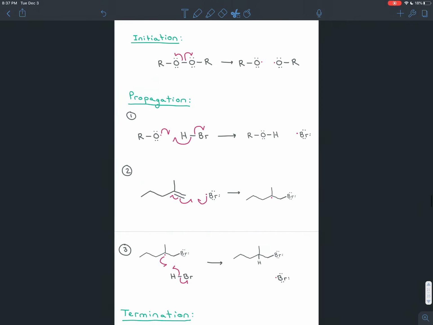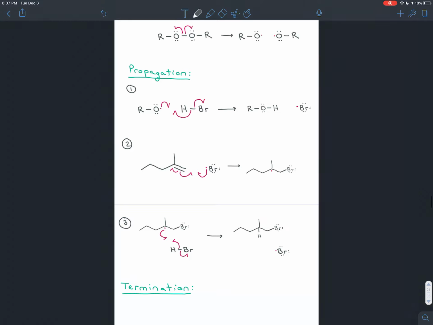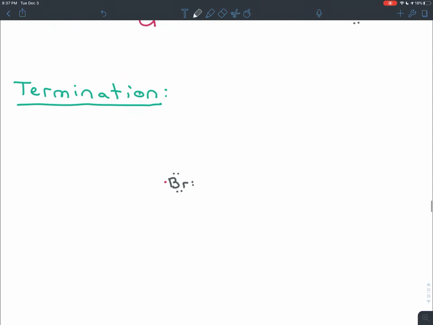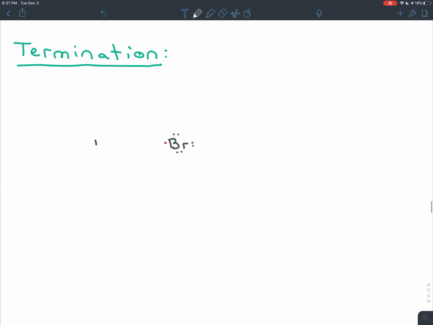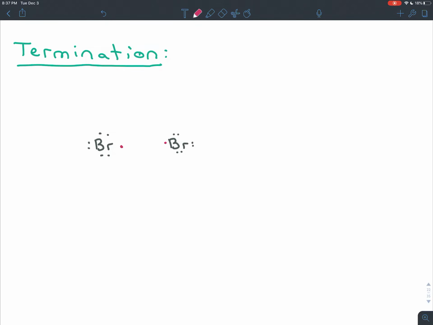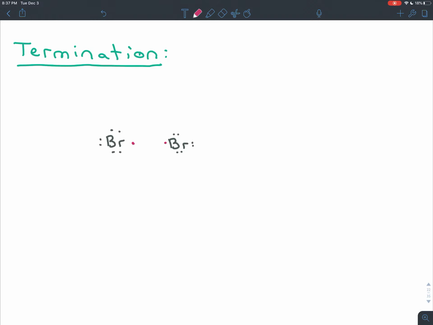All of these previous steps, the initiation step and the 3 propagation steps, don't just happen with one molecule, they happen with hundreds of trillions of molecules. And so you're left with hundreds of trillions of bromine radicals at the end of these steps in your flask. So they end up combining with each other and stabilizing each other, canceling each other out.